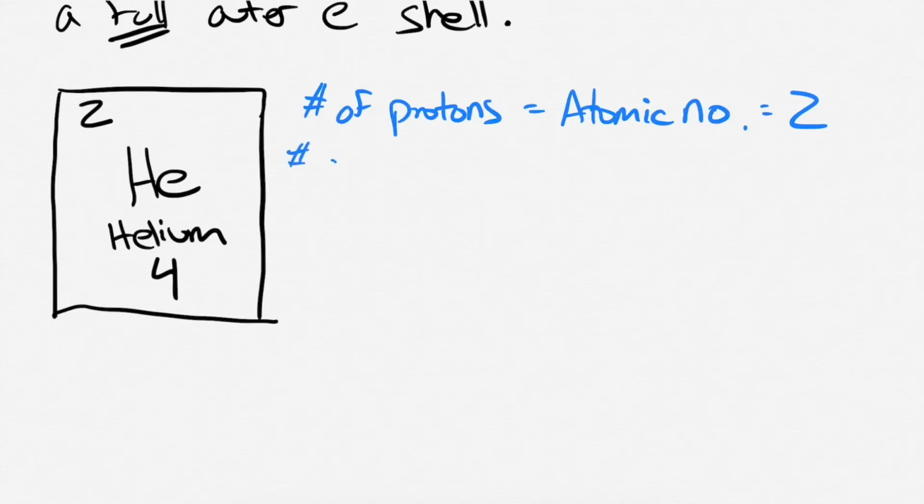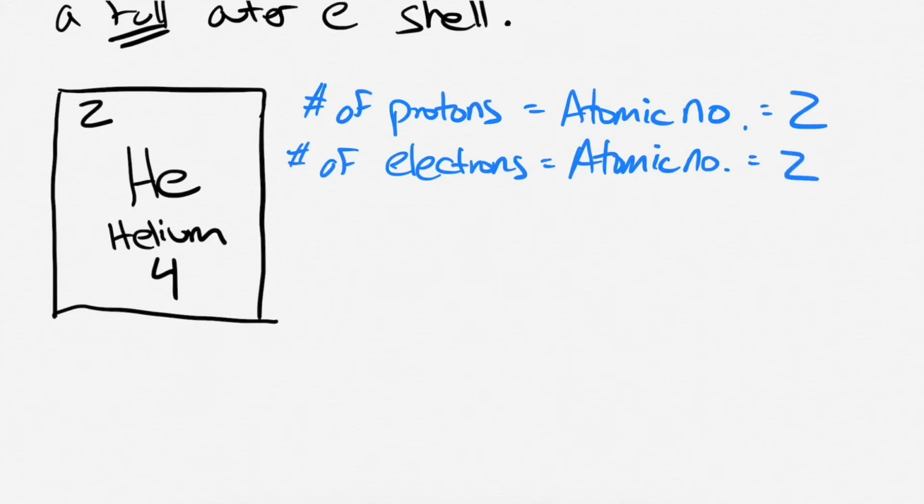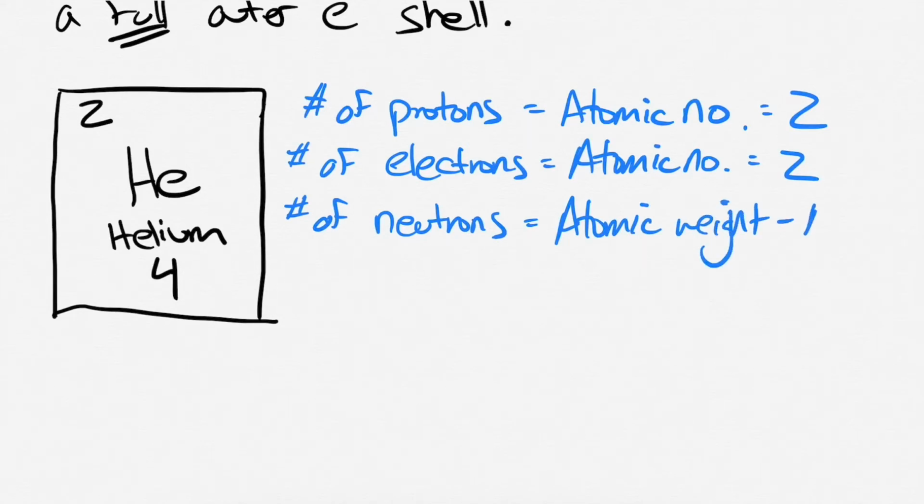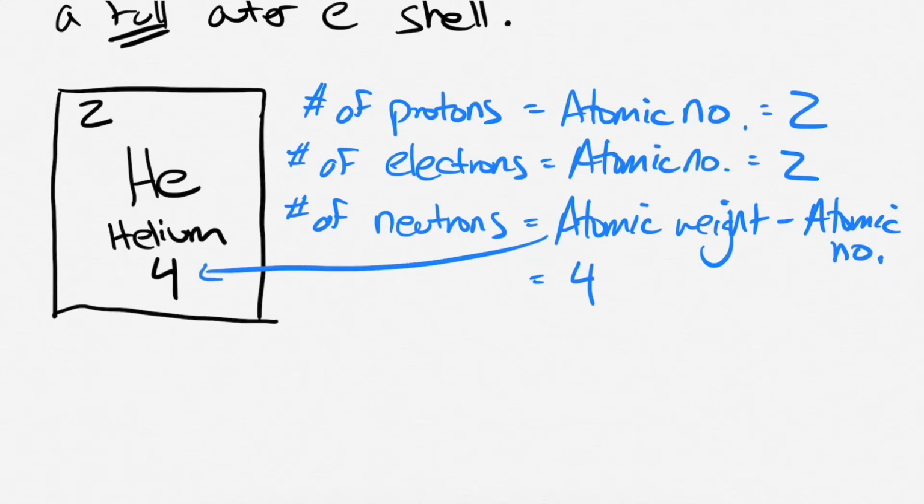The number of electrons equals also the atomic number, which equals 2. And the number of neutrons equals atomic weight minus atomic number. So in this case, atomic weight is 4, so that's right here. 4 minus the atomic number 2 equals 2.